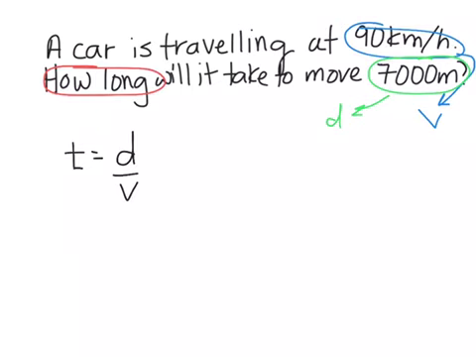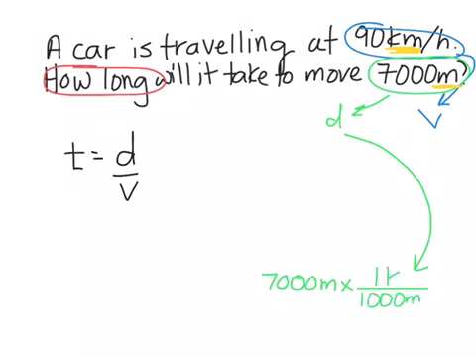However, our speed is in kilometers and our distance is in meters, so we can't use that directly. We've got to do a unit conversion first. So we're going to say down here, 7,000 meters times 1,000 meters per 1 kilometer. That's going to equal 7 kilometers.